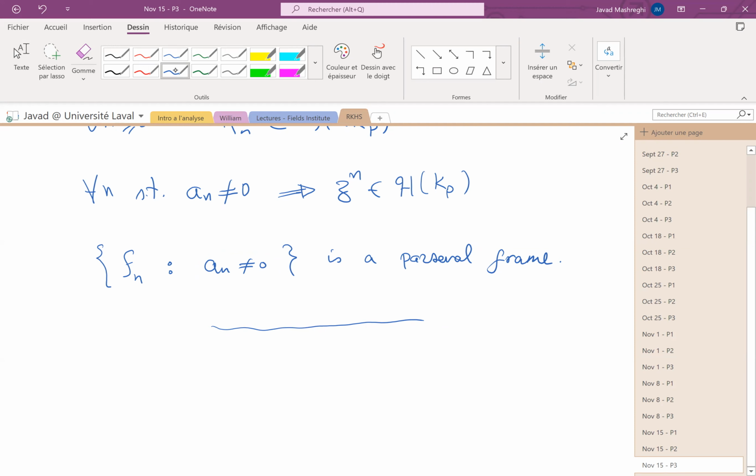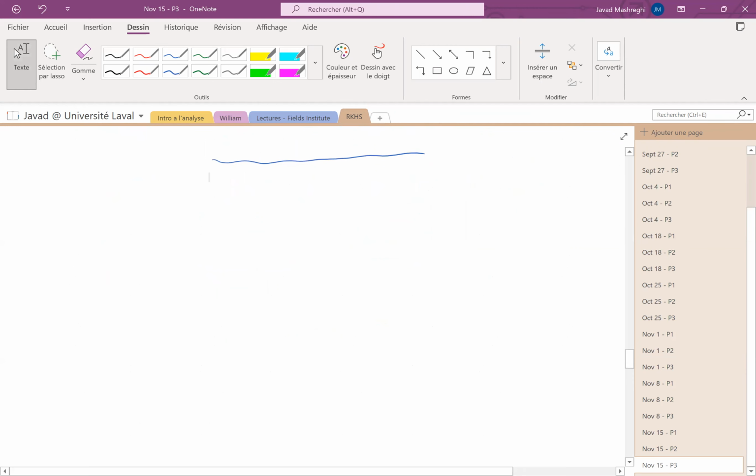Not really. We need another notion which doesn't appear in linear algebra, but it is more for operator theory. Here is the definition.